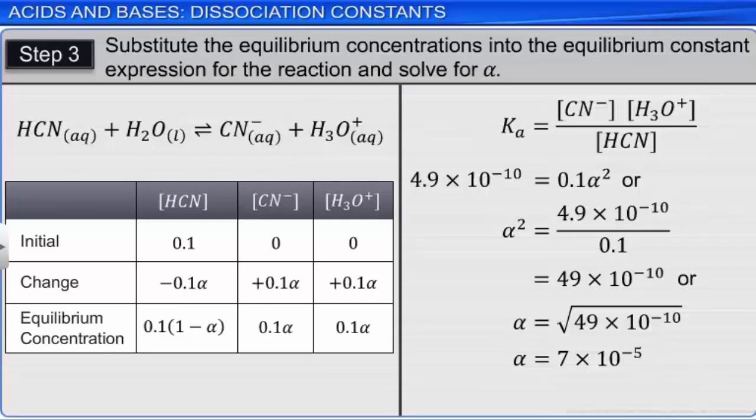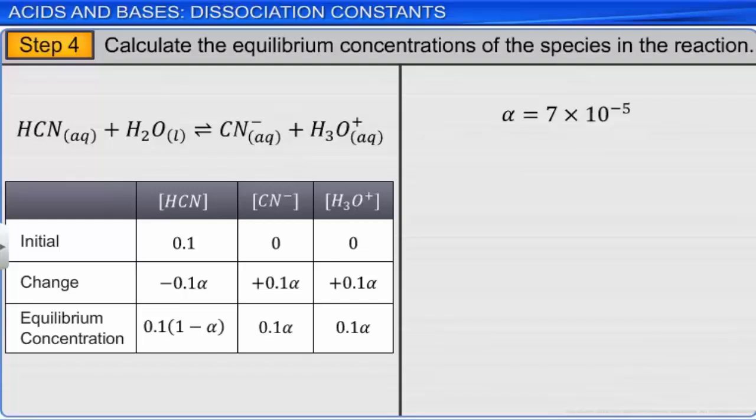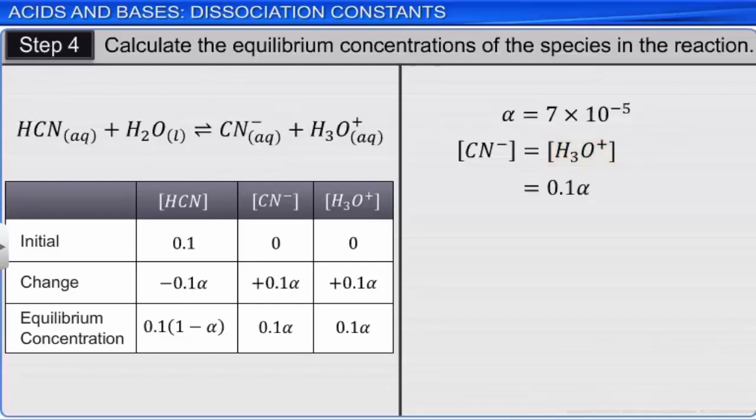In the fourth step, calculate the equilibrium concentrations of the species in the reaction. As alpha is known, the equilibrium concentrations can be easily calculated. Thus, the equilibrium concentration of cyanide ion, which is equal to the equilibrium concentration of hydronium ion, is equal to 0.1 alpha. Can be written as 0.1 multiplied by 7 multiplied by 10 raised to the power minus 5.